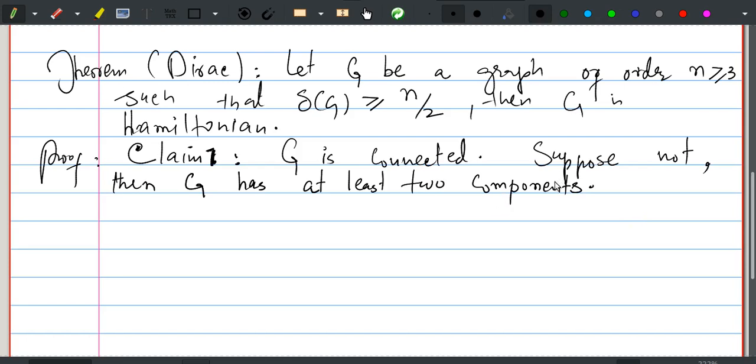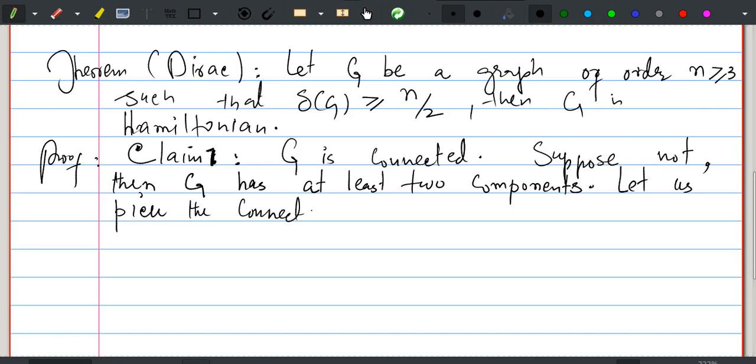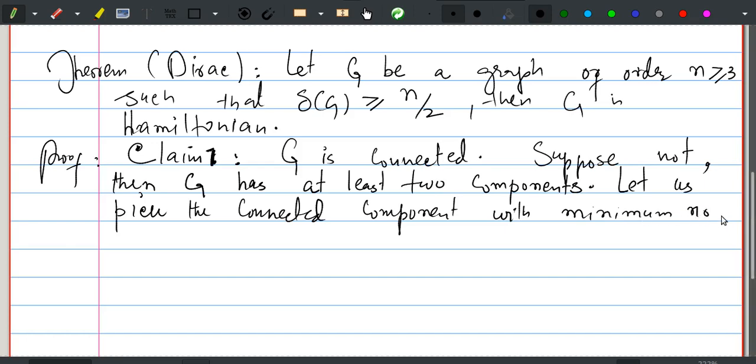Let us pick the connected component with the minimum number of vertices.